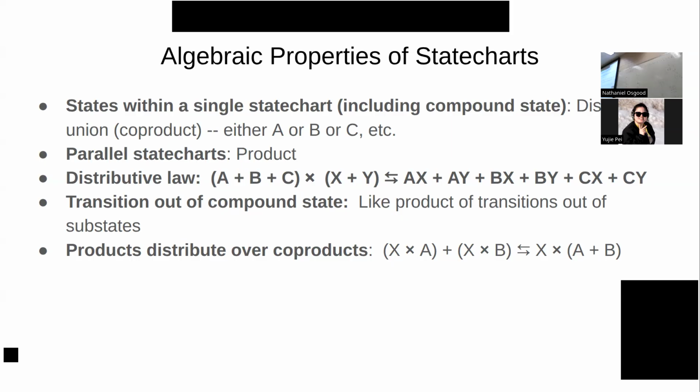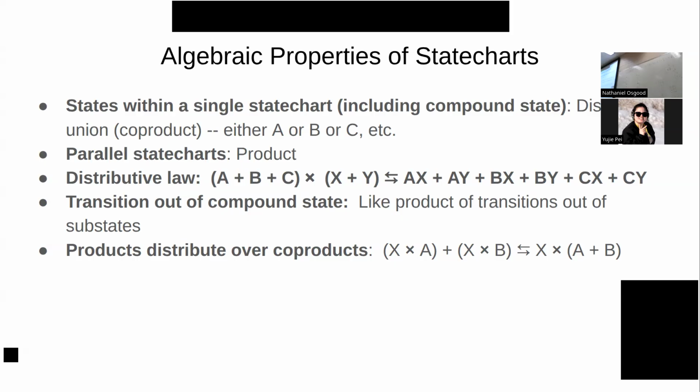You got it. So this is a function from B to A. This is a function from C to A. So it's equivalent to one of those. So what I'm saying is the mathematics all work out beautifully with state charts if you consider it from this algebraic perspective. Like this description of a state chart is a sum of states, description of a compound state is a sum of its possibilities.